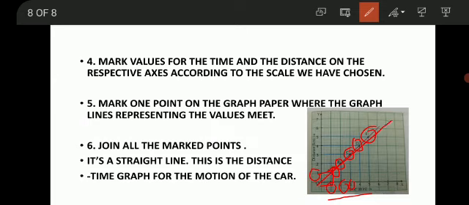We have to join all the marked points and we will get a straight line. So this is the distance time graph for the motion of the car. Hope you all have understood how to make a distance time graph on a graph paper.